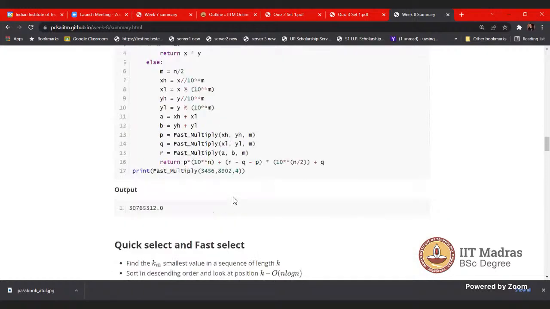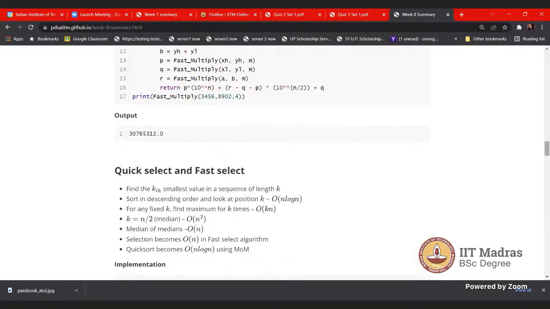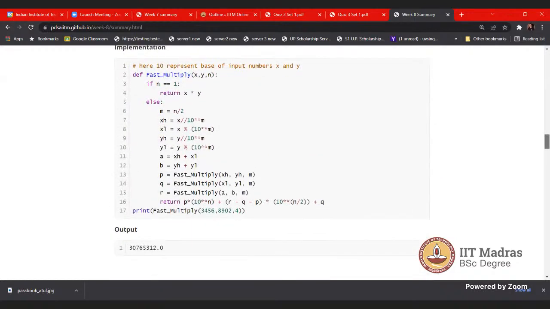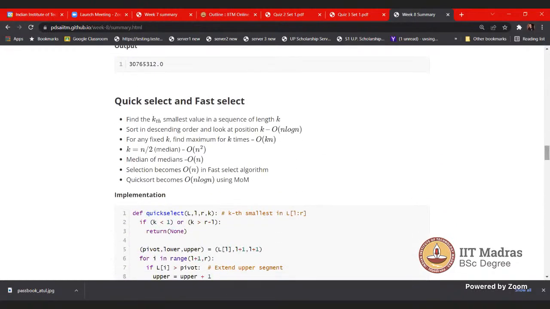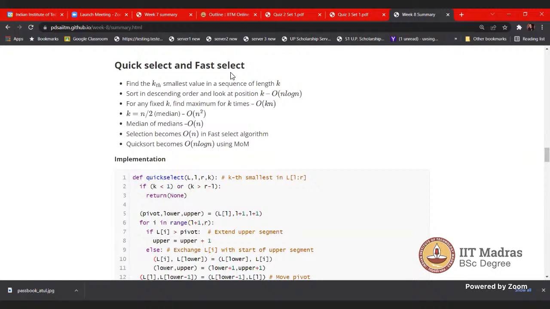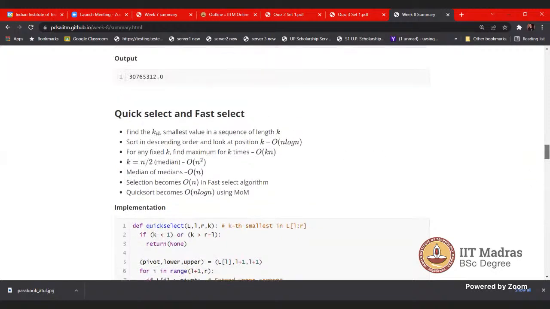These are all code-based things. How do we solve these algorithms? Also quick select, fast select. You have already seen the quick sort algorithm. Quick select is the algorithm which selects the kth largest or kth smallest element in the minimum number of steps, in less time.